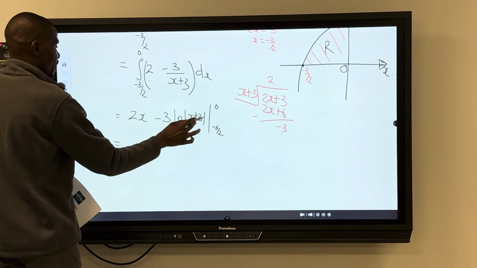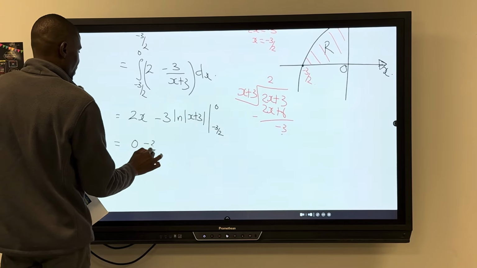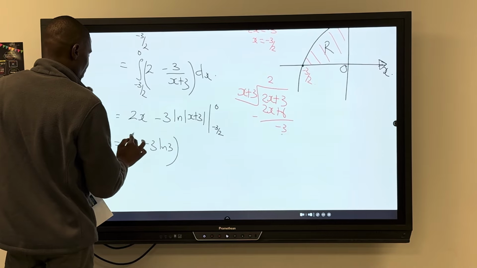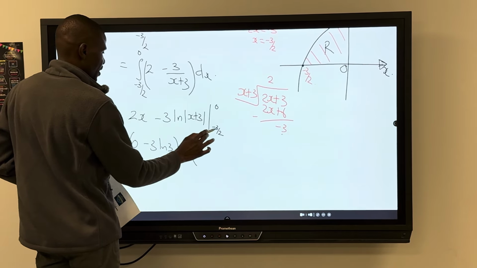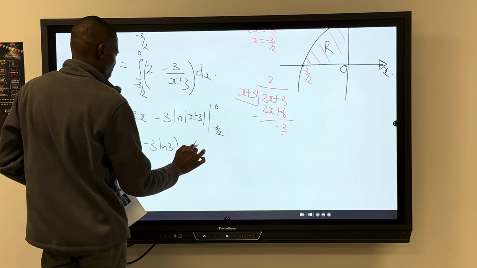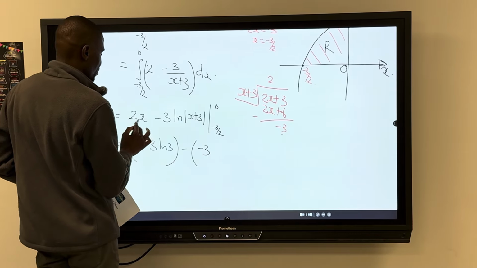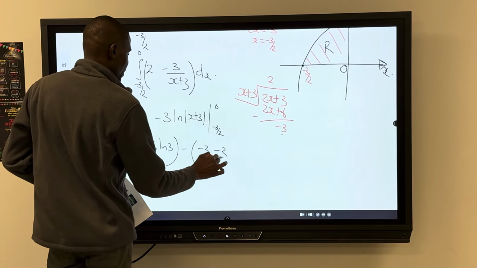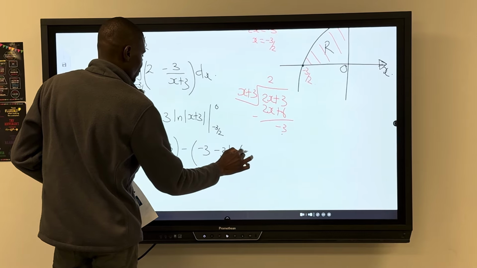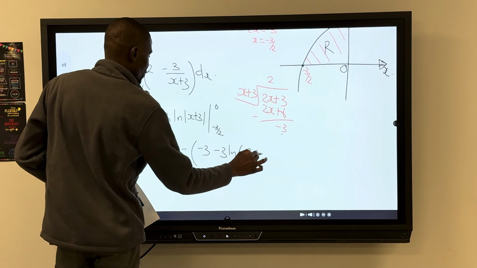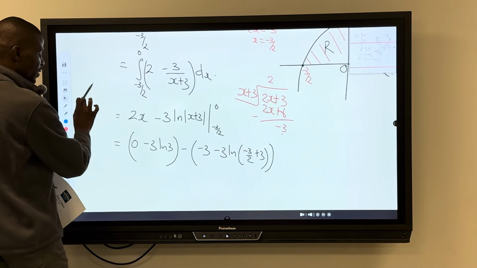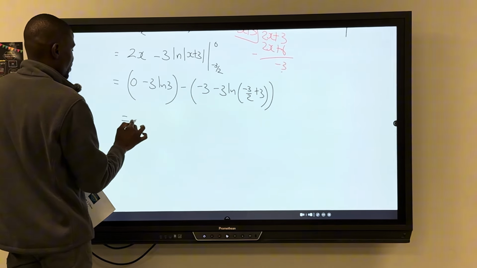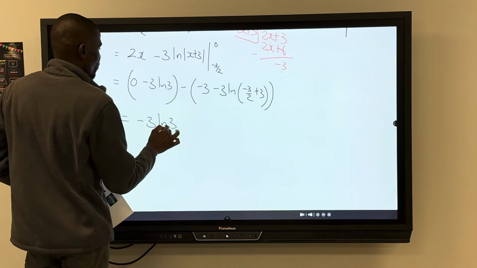So when I plug in the upper limit, that's 0 - 3 ln 3, subtracting this, 2x times that, that's -3, because 2 times that, -3 ln(-3/2 + 3), right? So when I simplify, I get -3 ln 3.